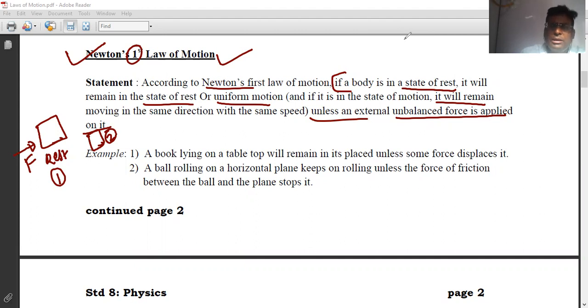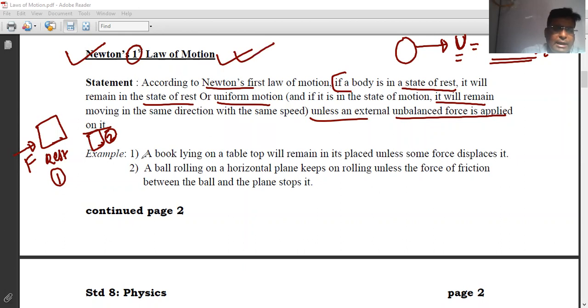Or suppose an object is moving with velocity u. This is uniform, constant velocity, suppose 40 km per hour. If you want to change its velocity, you have to apply an external force. That is called Newton's first law of motion, right?